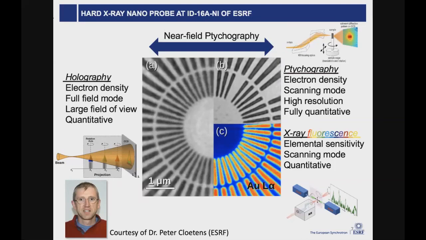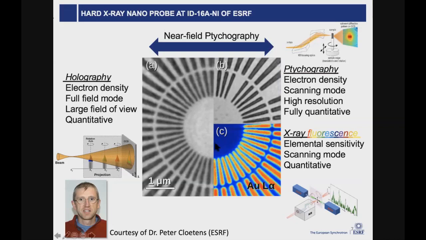Then depending on where we put the sample and what signal we detect, we can have different contrast modalities. For example, if we put the sample downstream of the focal point, we can perform holography, and we can perform phase retrieval to reconstruct the material with sensitivity to some of the low Z elements.